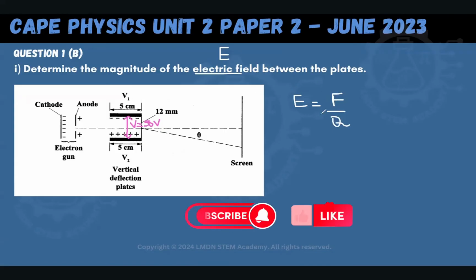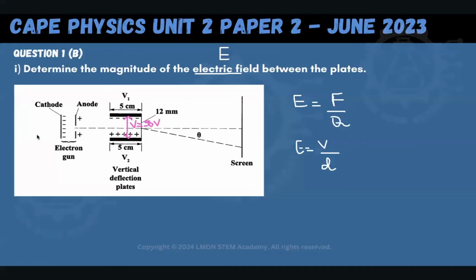And so there's another formula that we can use based on the information that we have. And that one is that E is equal to V over d. So the d is the separation distance, and that is this guy here. So that's our d, and we have our V. And so all we have to do at this point is just plug in to get our electric field strength.